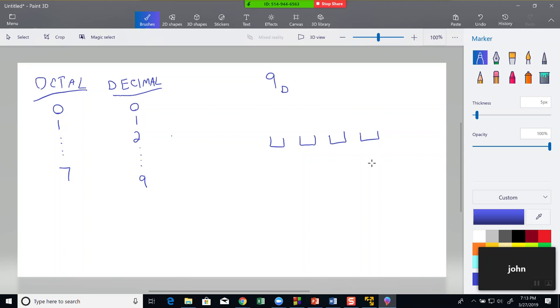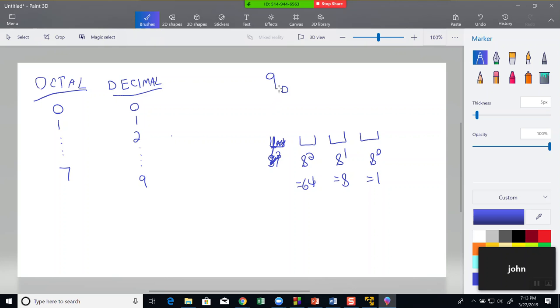This first spot here is 8 to the 0 power, which is 1. This next spot is 8 to the first, which is 8. This is 8 squared, which is 64. This is 8 to the third, which I have no clue what it is. Okay, forget that one. I don't need it that high.